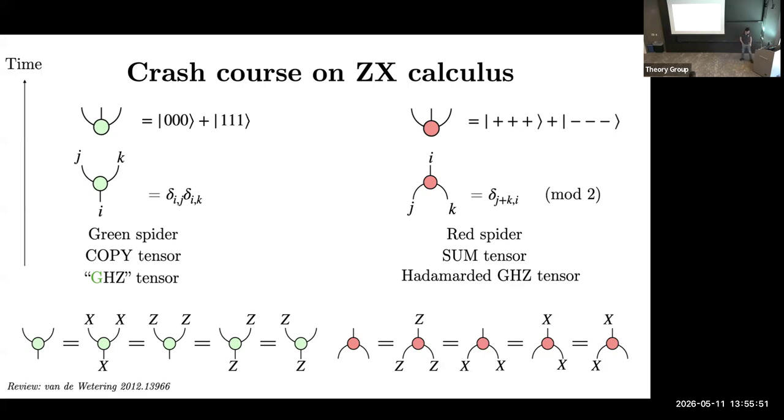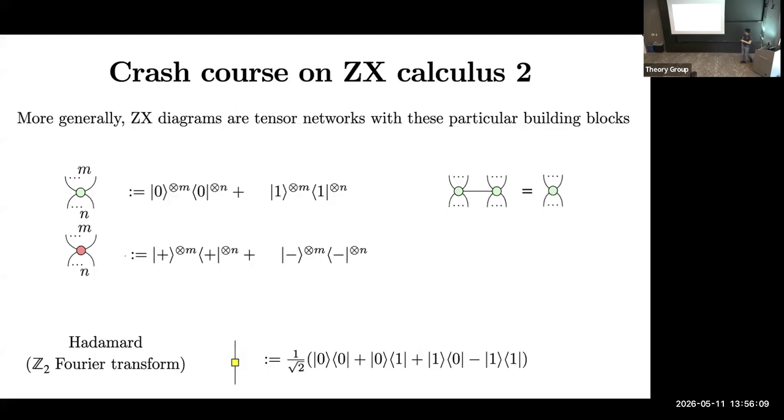Okay, so far so good. And these two don't need to be 3 legs, and they're connected by the Hadamard, which I'm going to label with this yellow box. So the yellow box is Hadamard. If you apply it on every leg, it's going to change the red to the green. And now I don't need to have just 3 legs. They can have as many legs as I want.